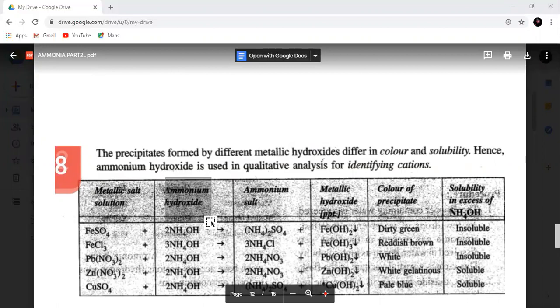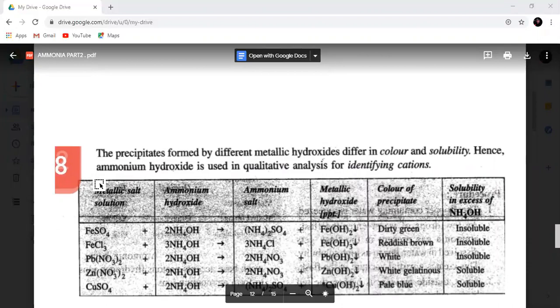By that, the ammonium salt is forming, with the metallic hydroxides, which are insoluble in nature, I am repeating, insoluble in nature, that's why the precipitate is forming. But the precipitates of all the metallic hydroxides are different. The colors of the precipitates are different, and that is its specific observation. In these reactions the different observations are very important, and questions can come from this table.